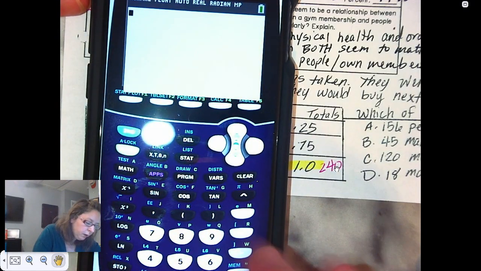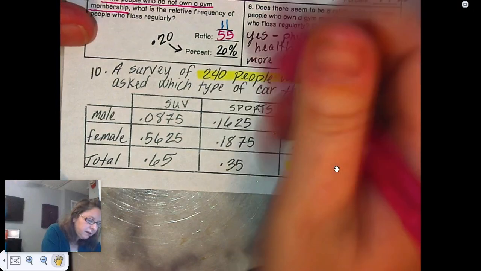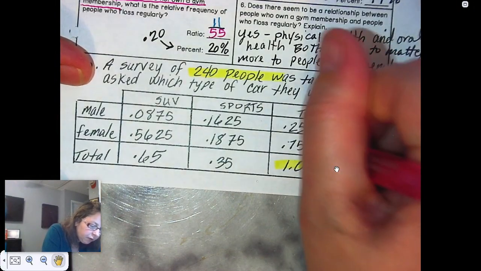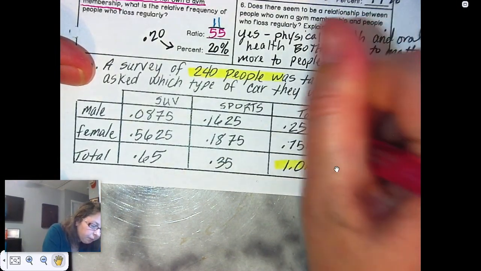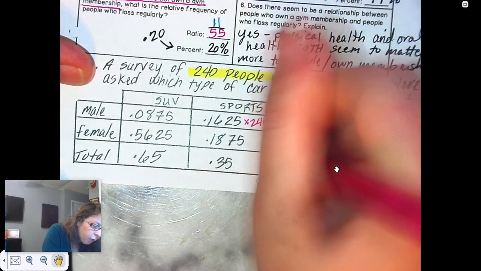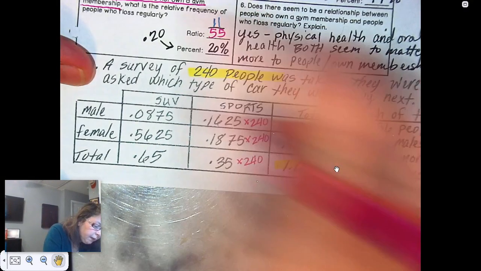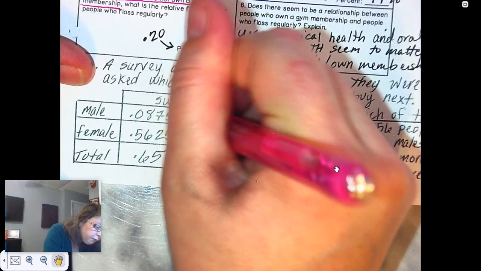So I did 1.0, that was the relative frequency, times 240, and that's how I got 240 people. So what I need to do to each one of these is multiply it by 240, every single one. And that is how I go back to a frequency.